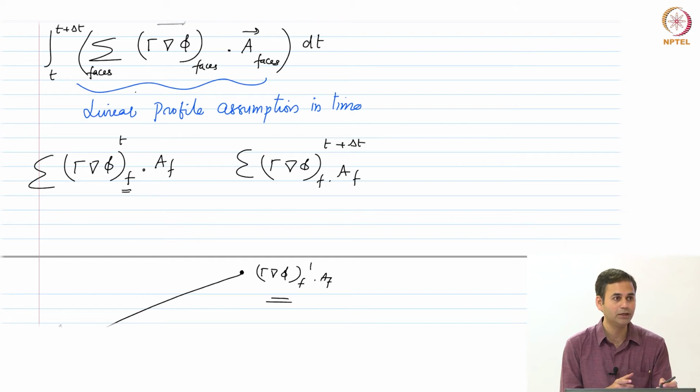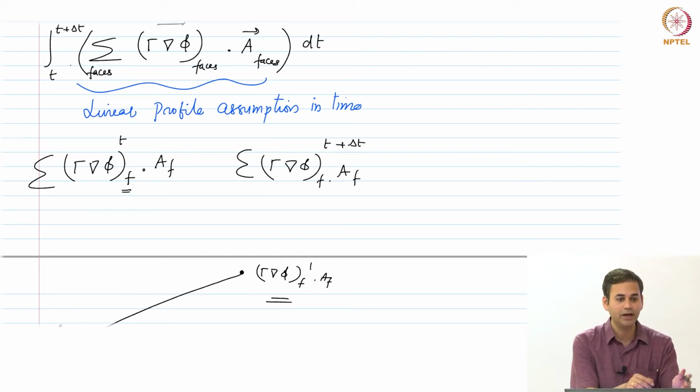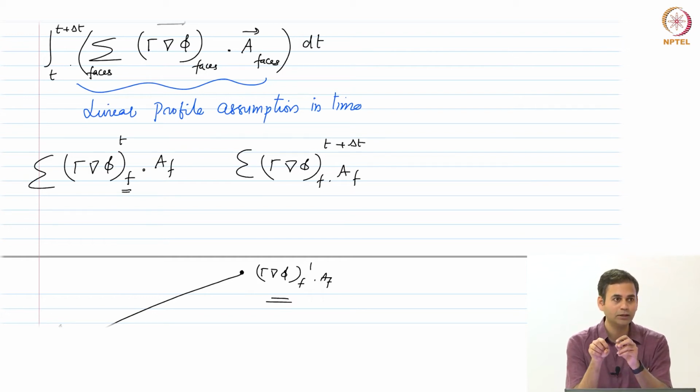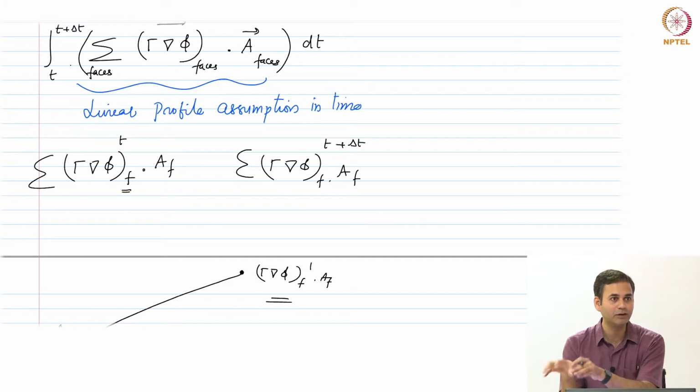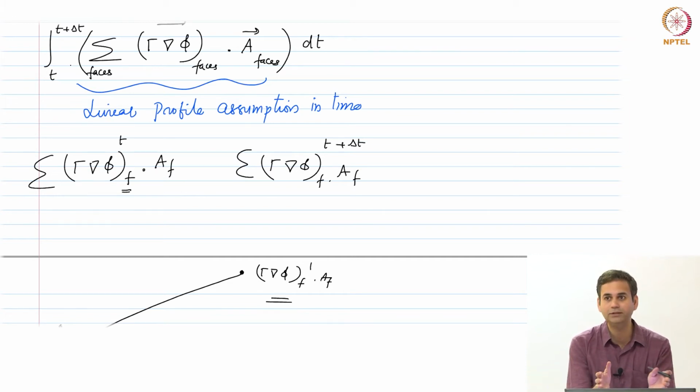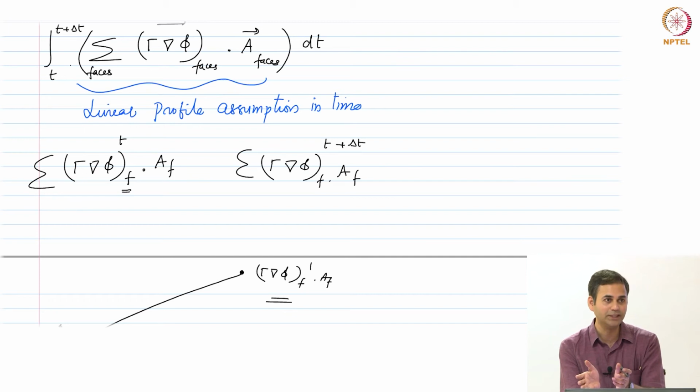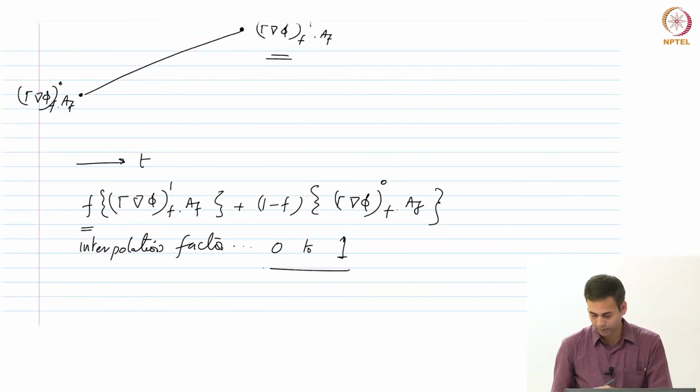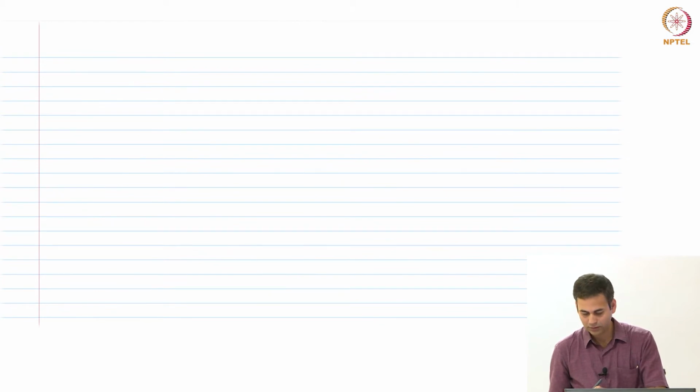Now, what will be the result of this integration with this particular interpolated value? That is nothing but the integral from t to t plus delta t of this big expression: f times gamma grad phi 1 plus 1 minus f times gamma grad phi 0 dot af, that is the interpolated value, times dt. Let me write it down.